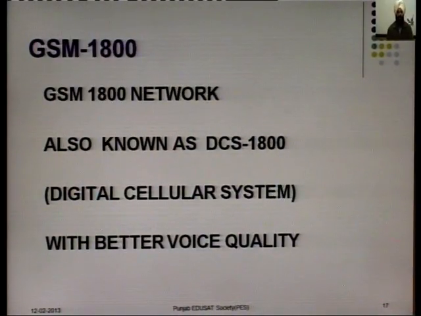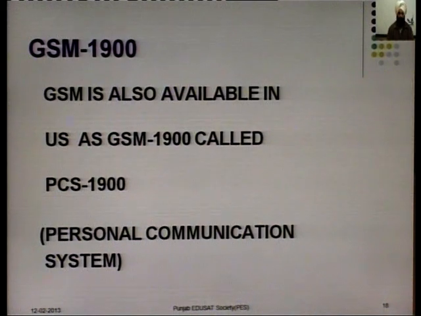Then GSM 1800, this is also known as DCS 1800, that is digital cellular system DCS 1800. It was with better voice quality, and nowadays GSM is also available in US as GSM 1900.